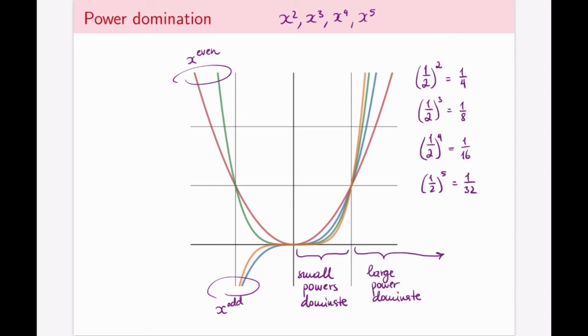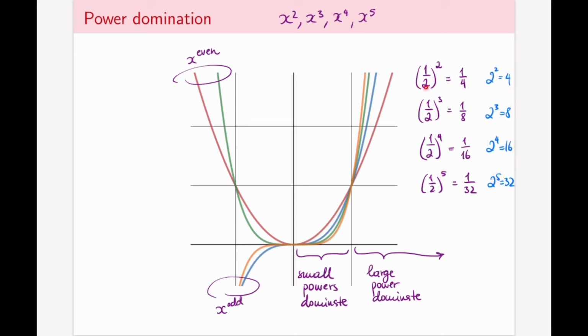Whereas if I plug in values that are above 1, let's say 2, I compute 2 squared, 2 cubed is 8, 2 to the 4th is 16, 2 to the 5th is 32. If I plug in large numbers like 2 or 12, 20, and so on, then the output grows as the power itself grows.